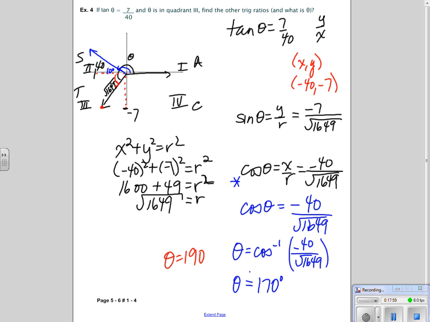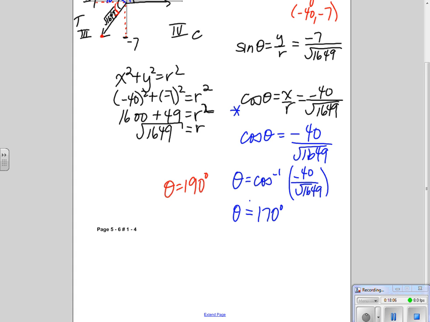And we're going to check on our calculator. We're going to check left side and right side. Cos of 190 degrees, and we're going to compare it to minus 40 over root 1649.